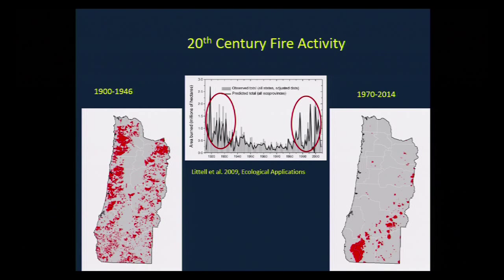And these are illustrations here with a map of Western Oregon in the early 1900s, and then a map of more recent fires from 1970 to 2014.